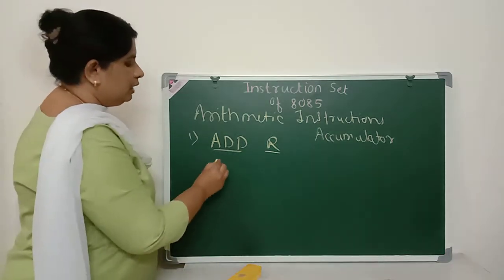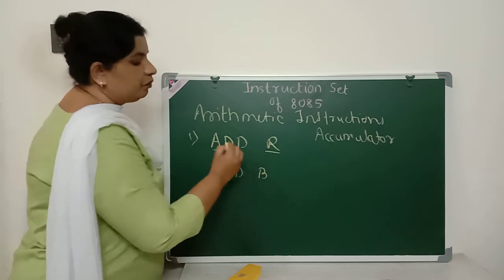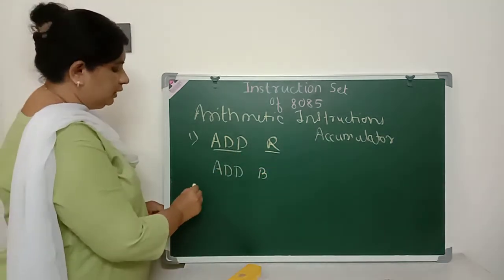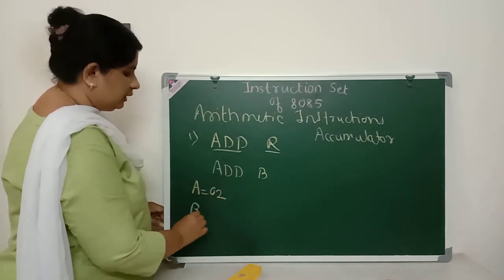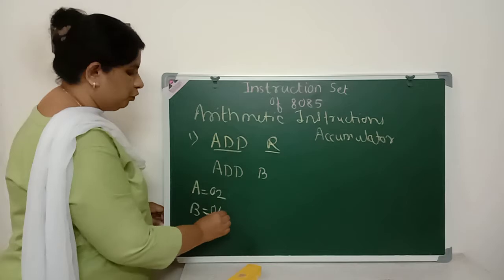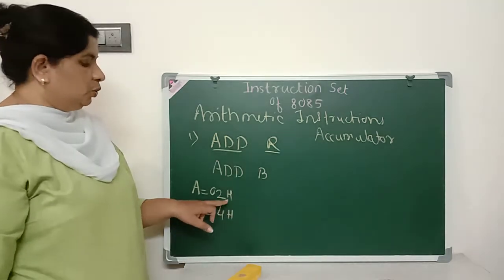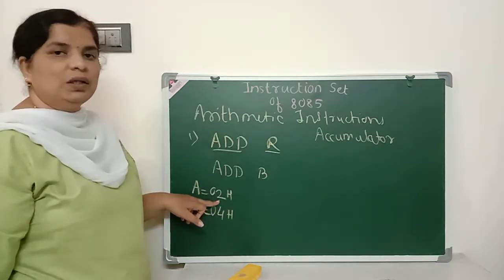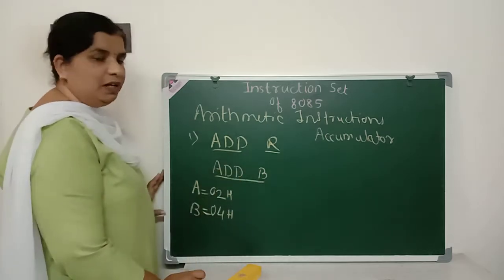So for example, if I write the instruction ADD B, and suppose A consists of 02 and B consists of 04. All these numbers are hex numbers. So H represents that the number is a hex number and not a decimal number. After the execution of this instruction, what will happen?